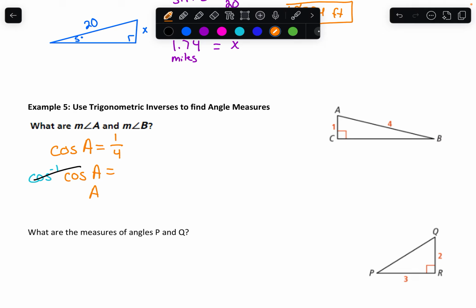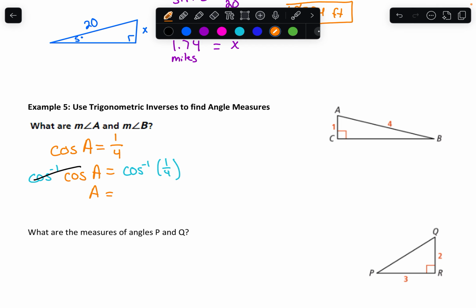But of course, if I took the inverse cosine of one side of the equation, I'm also going to need to take the inverse cosine of the other side of the equation. So on the other side, that looks like the inverse cosine of 1/4. How do I perform that calculation?